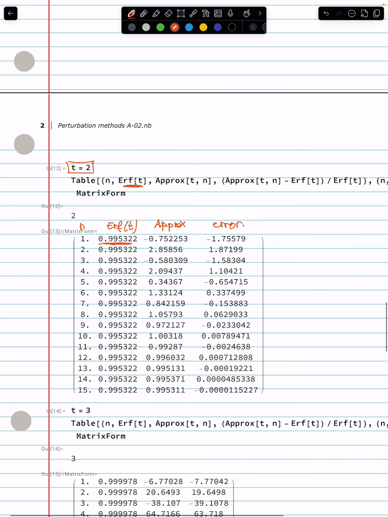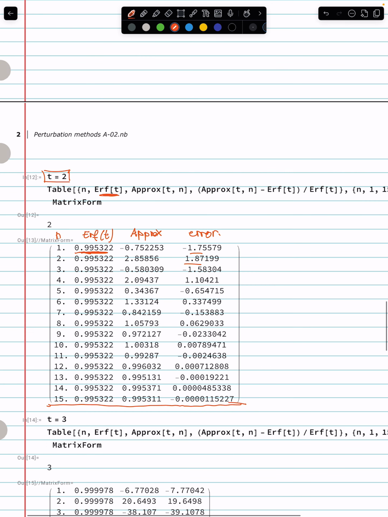And so you see that we have 100% error, and then 187, and then it goes down, and we need to keep more than 15 terms. I stopped here in the table after 15 terms, but we need more than 15 terms to make sure the discrepancy is smaller than 10 to the minus 5.